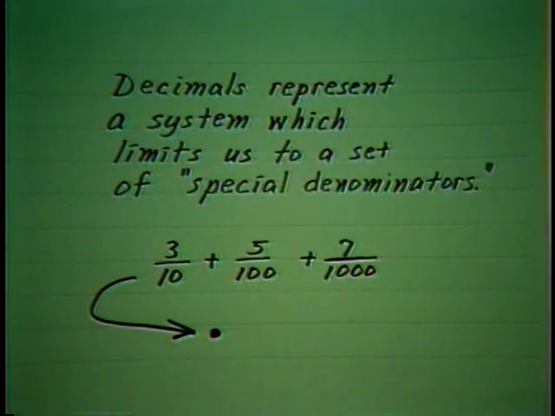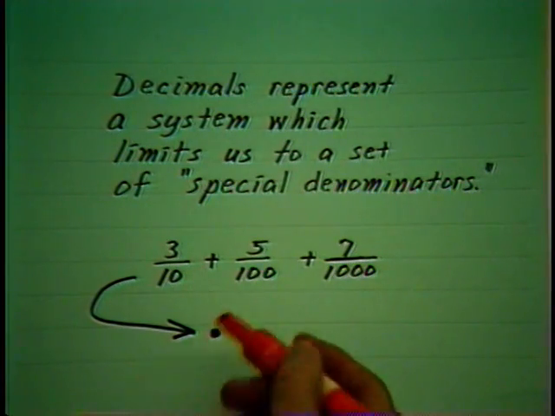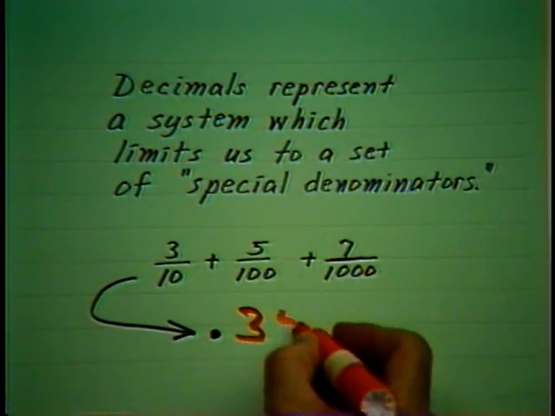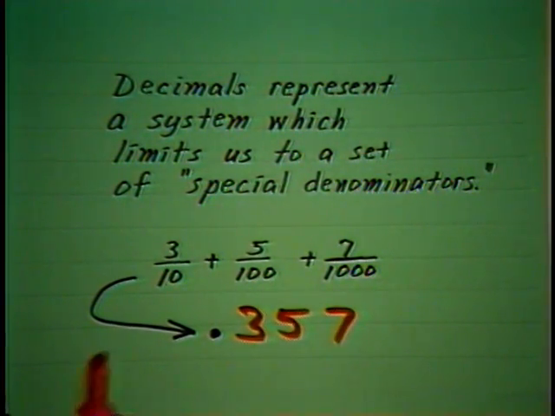Decimals represent a system which limits us to a set of special denominators, that is, strictly powers of 10. By so doing, we were able to write those special fractions without the denominators, and to treat decimal numbers with whole numbers as though they were whole numbers in our basic operations of addition, subtraction, multiplication, and division.